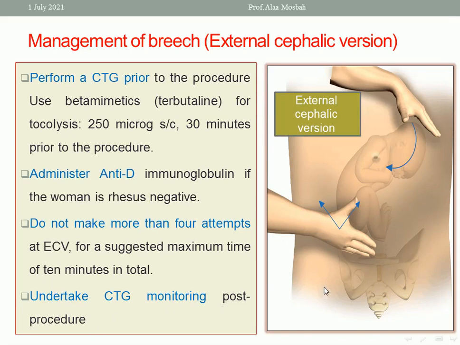Don't make more than 4 attempts of external cephalic version for a suggested maximum time of 10 minutes in total. So you have 10 minutes and only 4 attempts. Then do CTG monitoring.